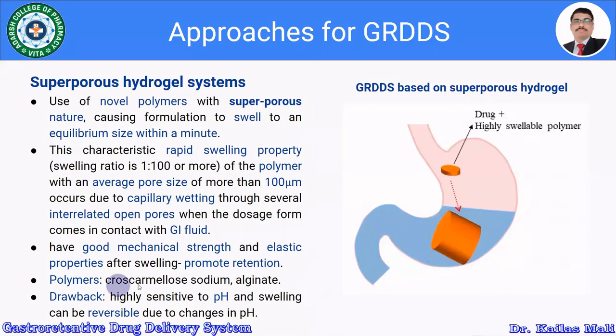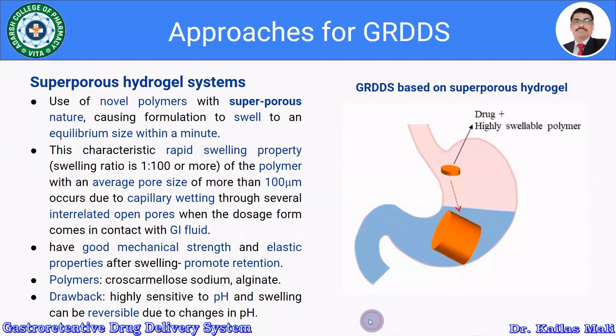Generally, we are using croscarmellose sodium and alginate polymers to formulate the superporous hydrogel systems. The drawback is that it is highly sensitive to pH, and swelling can be reversible due to changes in pH. So this is about the superporous hydrogel systems.